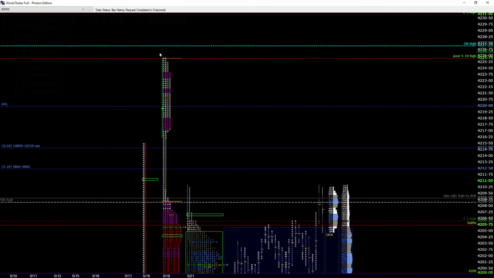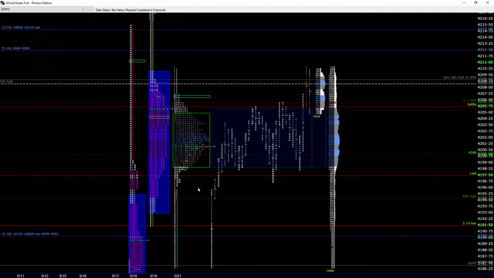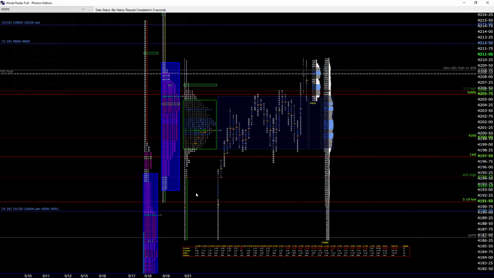And one important thing over the weekend was opening way below zero, somewhere down here, way below last, or even I think down here. But it just recovered right away.